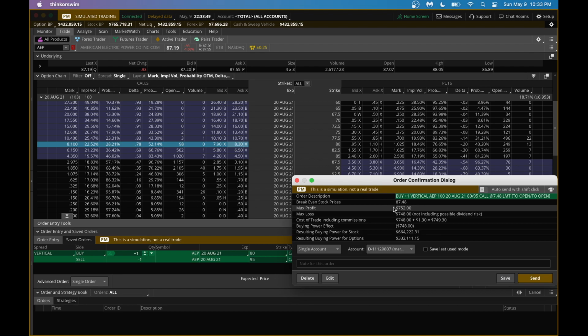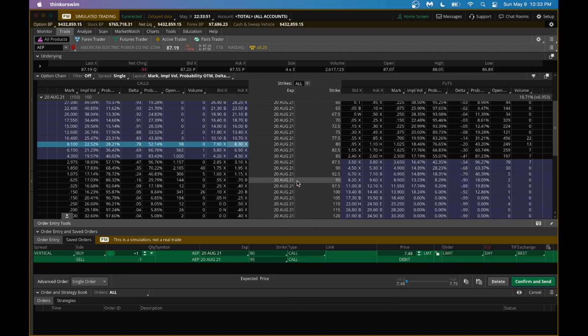I could take this one. And you can also do multiple things. If you don't want to spend $7.48, if you're conservative, you could also do an 85.90 spread as an example. If you do the 85.90 spread, it's a $5 wide spread.